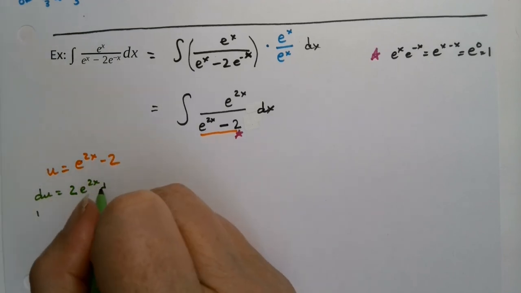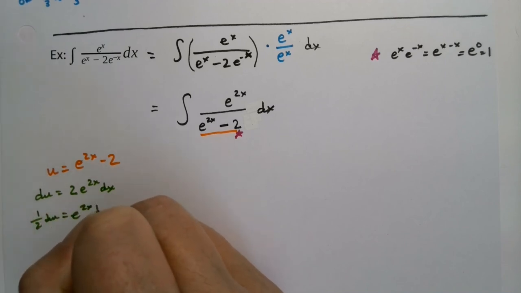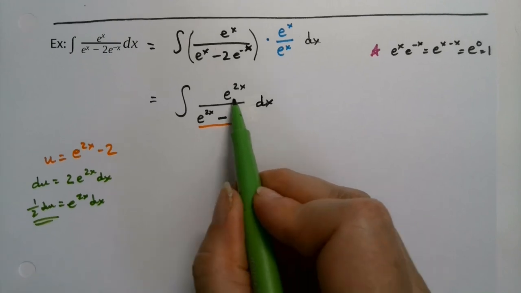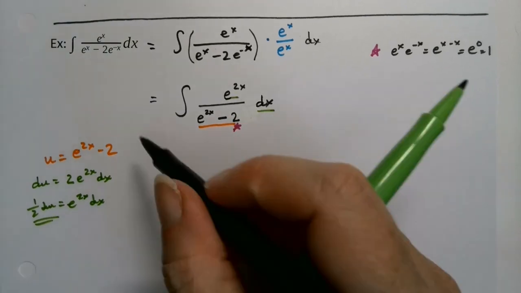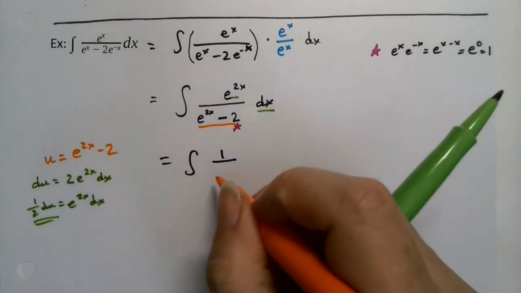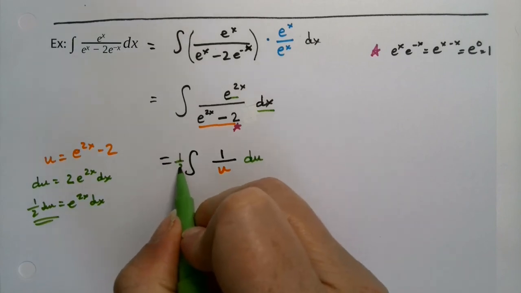So I would want 1/2 du. There we go. So for dx and e to the 2x, those two are taken care of as long as I write the integral of 1 over u, and I write a du, but du is too large, so I have to put a half in front.